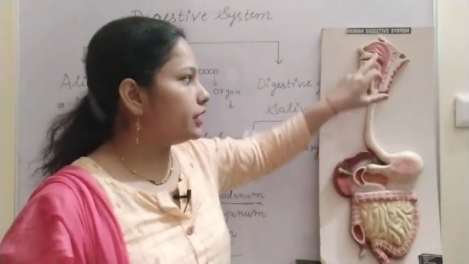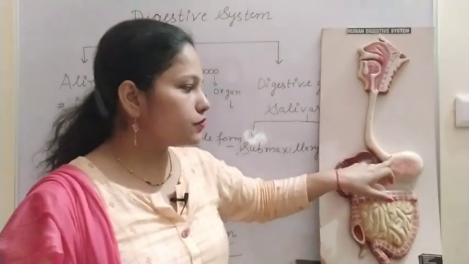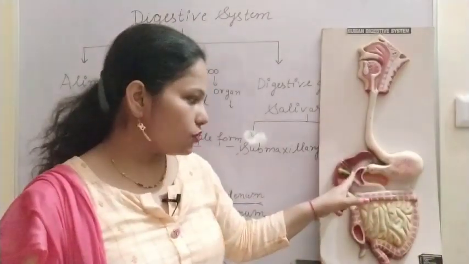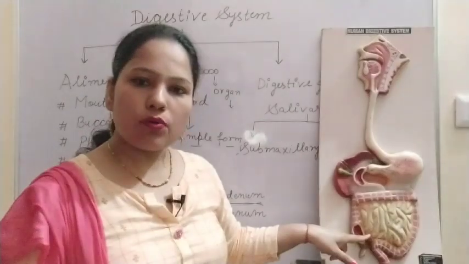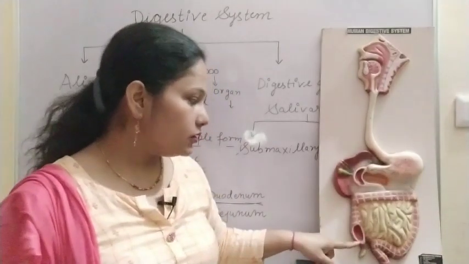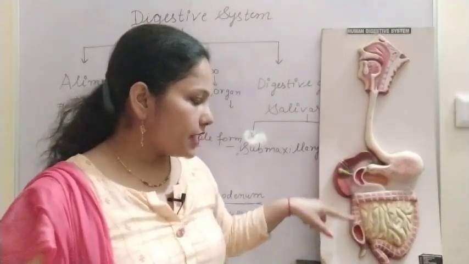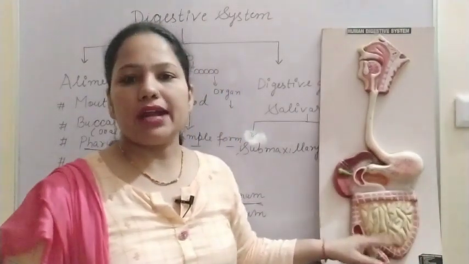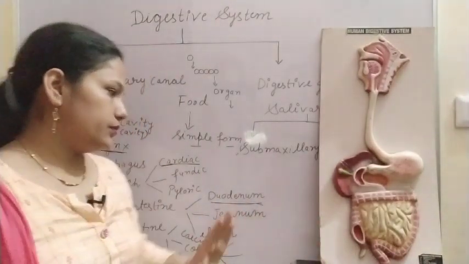Mouth, oral cavity, pharynx, esophagus, stomach; first part of stomach cardiac, fundus, then pyloric part, then the duodenum, jejunum, ileum of the small intestine; then the large intestine parts, first the cecum, then the colon: ascending colon, transverse colon, descending colon, rectum, and the last posterior part of the alimentary canal is the anus.